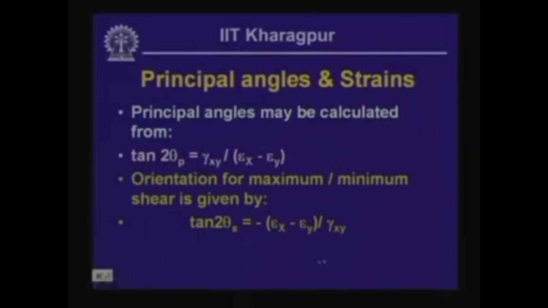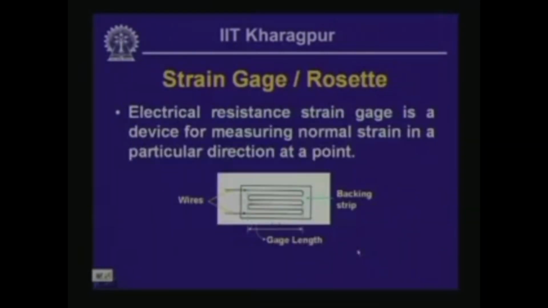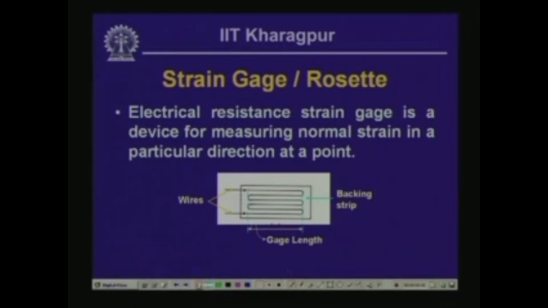Well, having looked into these questions, now let us look into what we are going to discuss today, which is the concept of the strain gauge and consequently the term called strain rosette. Many times, experimentally we need to measure the strain at a point in a stressed body, and that can be done using a device which we call a strain gauge.